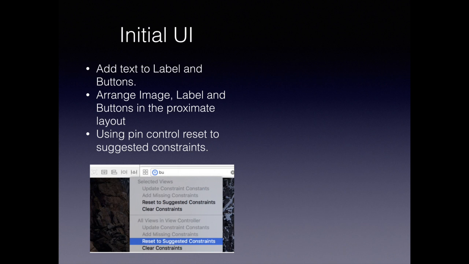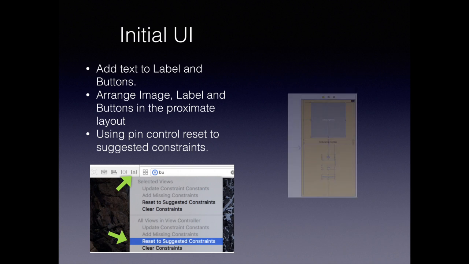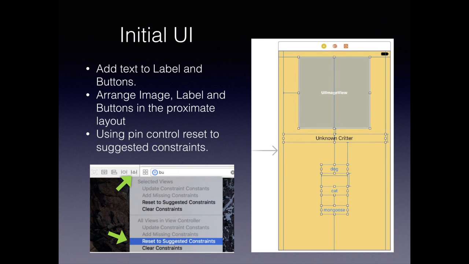So the way you get to suggested constraints is you go to the little pin item that's right there, and you click on that, and you select the option called Reset to Suggested Constraints. If you do that, you'll find that your layout gets moved around, and a lot of blue lines appear. Blue lines indicate that these are consistent constraints.